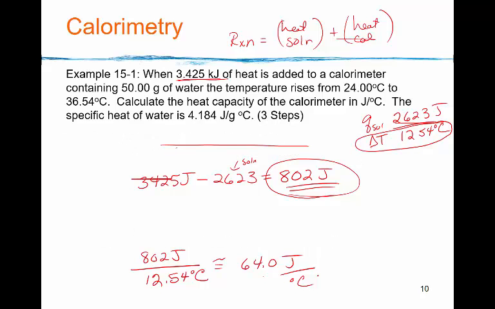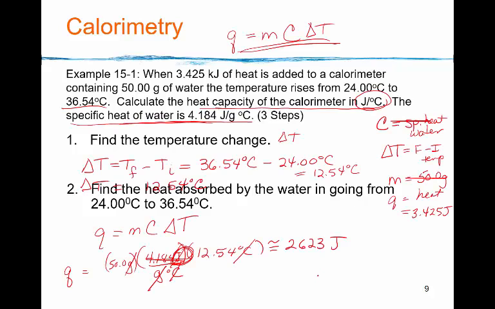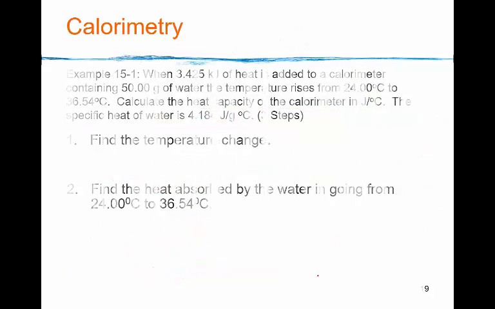So just to recap a little, we're finding the heat capacity of the calorimeter. We had to find what the delta T was. We know what was absorbed by the water because we knew the specific heat of the water, we knew how many grams of water, and we knew the temperature change. That gave us how much heat was absorbed by the water.